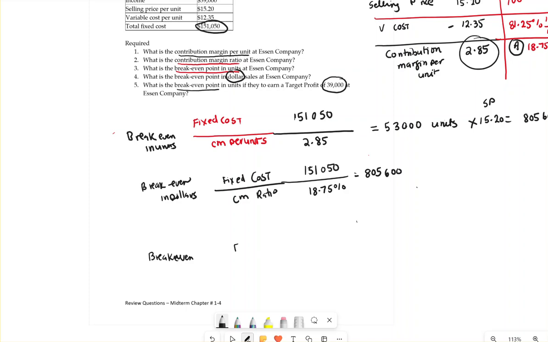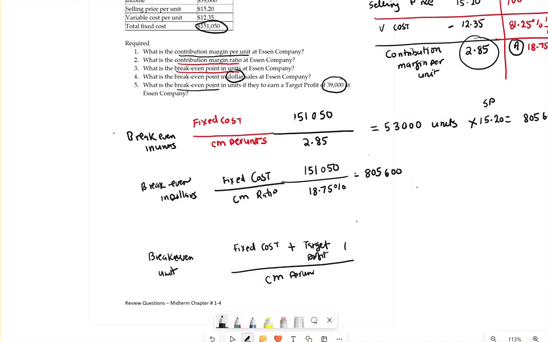So all you're going to do is change the formula a little bit. Your fixed cost plus your target profit, divided by your contribution margin per unit, because they're looking for break-even in units with the target profit.